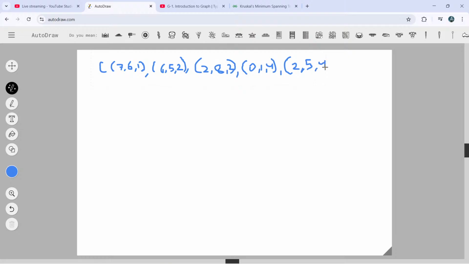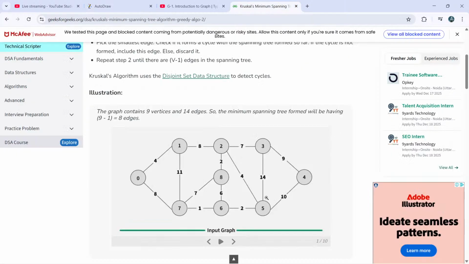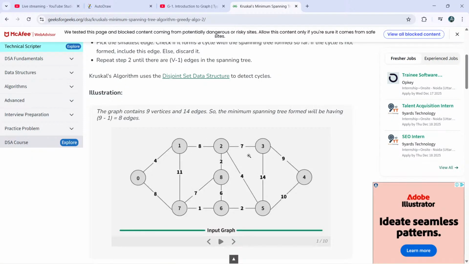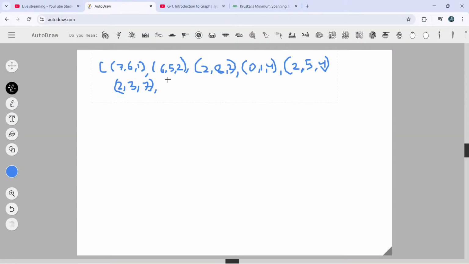Then we have weight 7 as the minimum, I think. 2 3 with weight 7. Then we have 7 8 with weight 7.